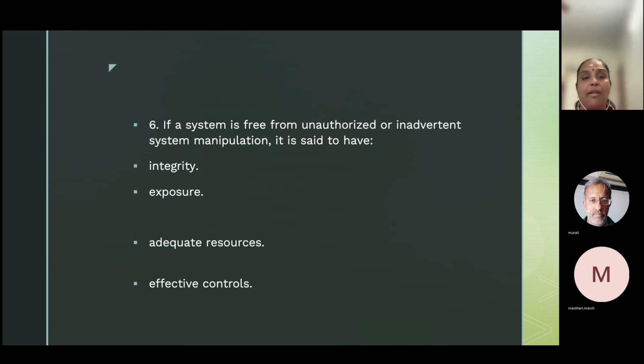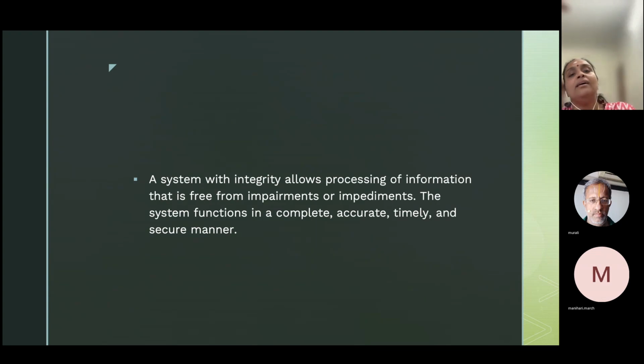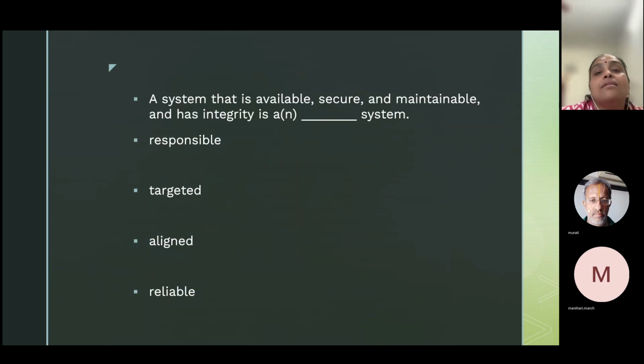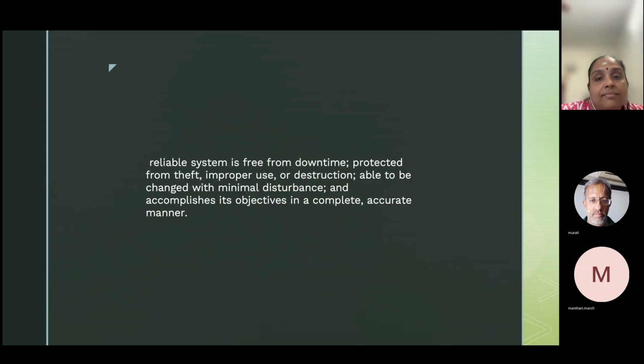Here the keywords are manipulation and inadvertent system manipulation. It's integrity. Perfect. That is free from impairments. The system functions in a complete, accurate, timely and secure manner. A system that is available, secure and maintainable and has integrity is a dash system. Reliable system. Basically all the controls together. It's free from downtime, protected from theft, improper use, destruction, everything.